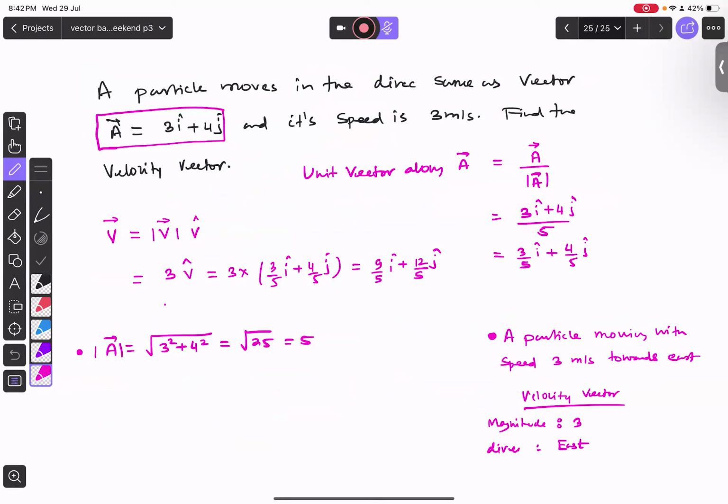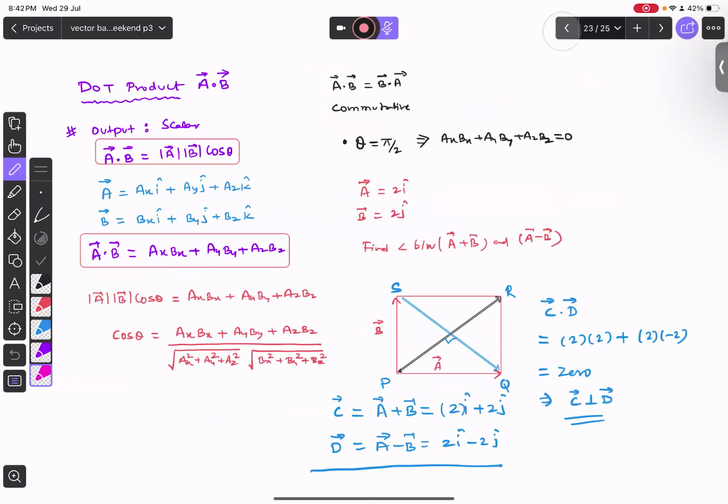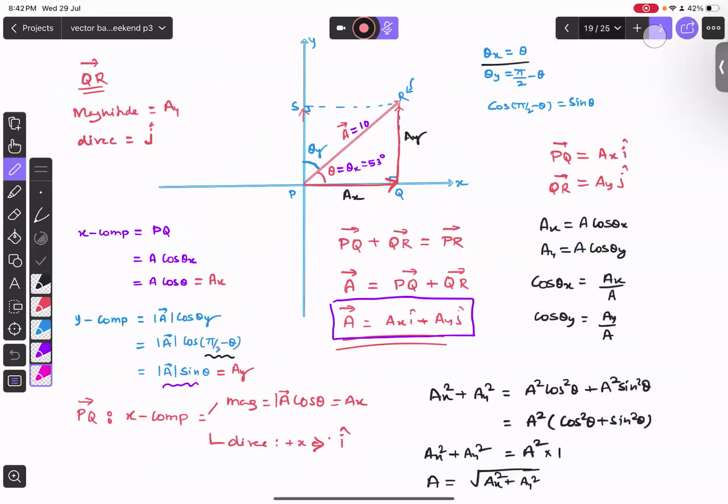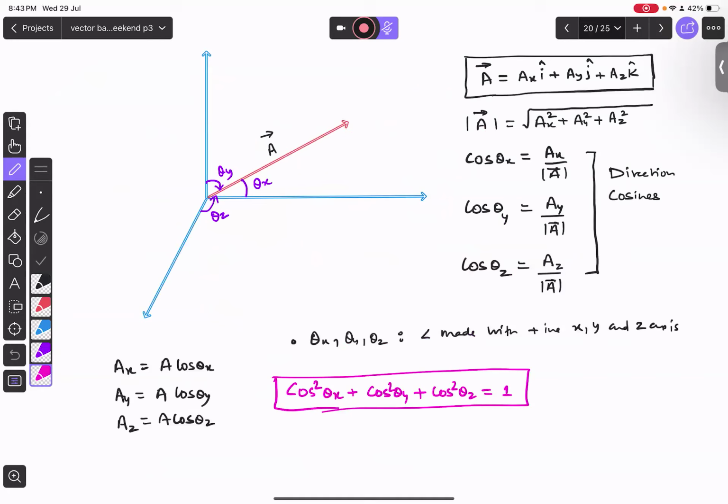What is going to be of use is how to find the sum of vectors, how to find components of a vector, the length of the vector, and the angle made by the vector with every direction.